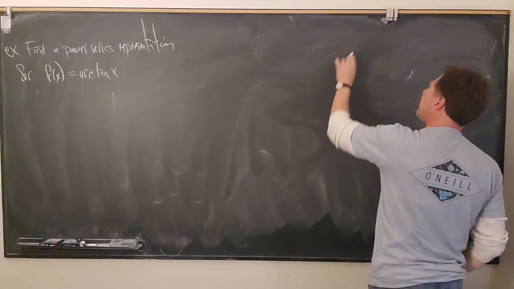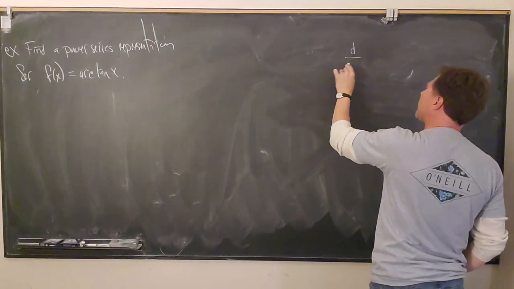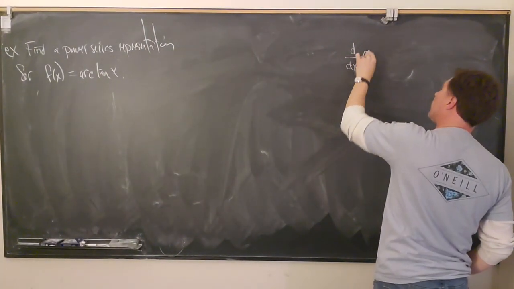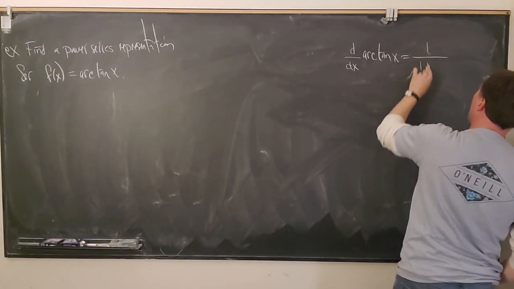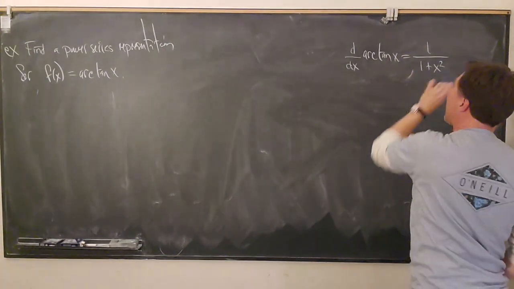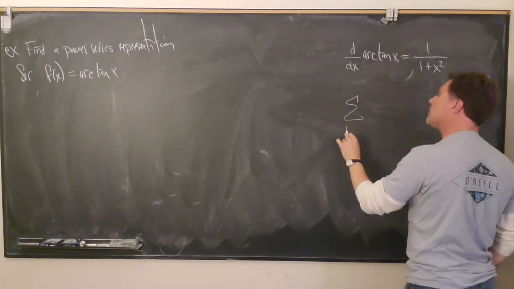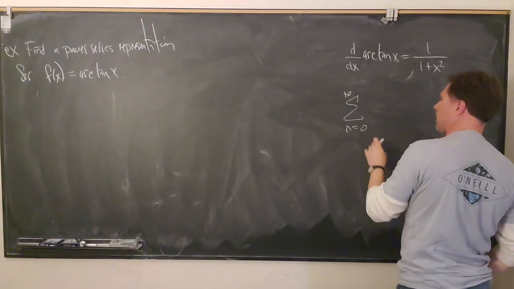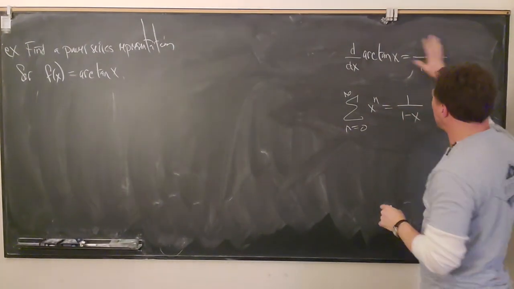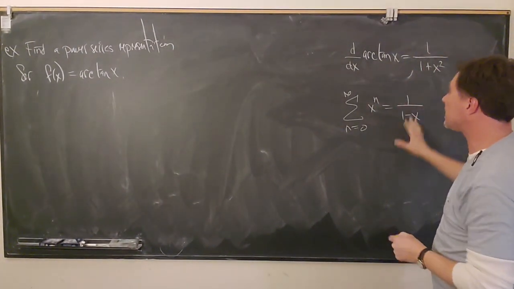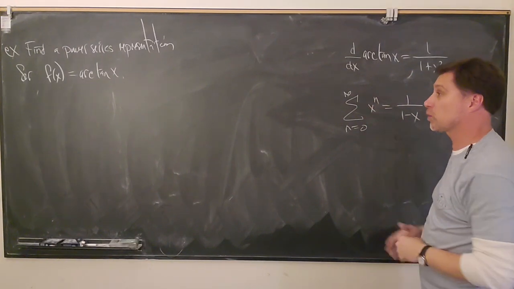One thing we know is that the derivative of arctan of x is 1 over 1 plus x squared. And then if we combine that with this fact right here, I think we could put these two facts together with a little bit of substitution to actually make things work out.